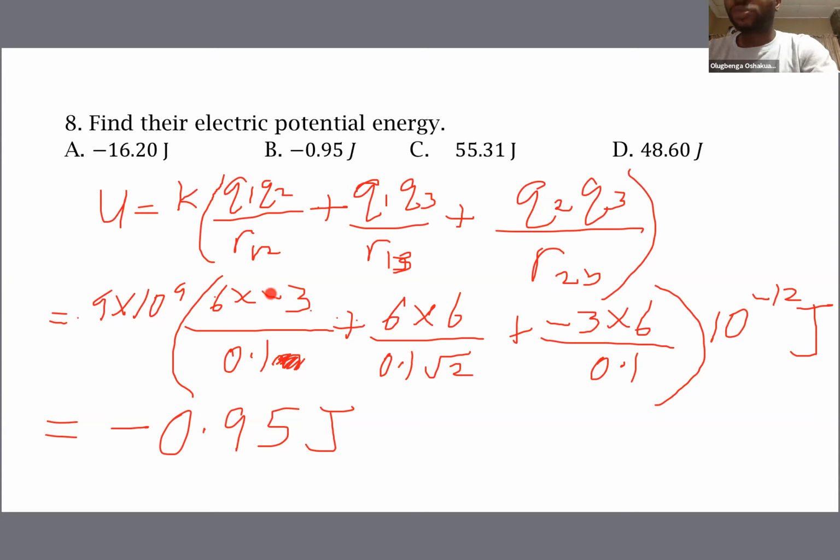Wherever it is negative, we put the negative, and where the negative is useful in the calculation. If you ignore these negative signs, you will still find your answer within the options. But you are expected to know that this should be negative, this should be negative, and hence we should have a value of minus 0.95 joule, which corresponds to option B.